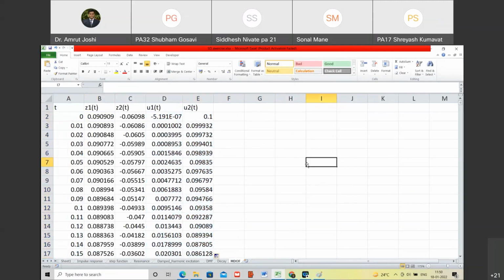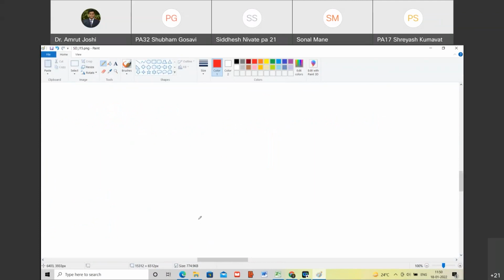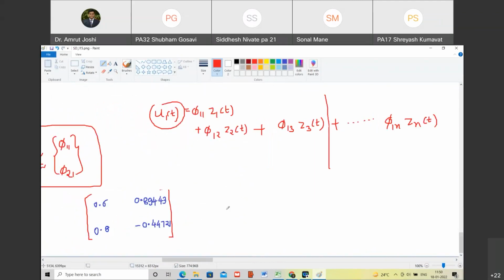Now let me ask you a simple question. Before we plot this, if I ask you to draw the displaced shape of the system at t equal to 0.05 seconds, are you with me?